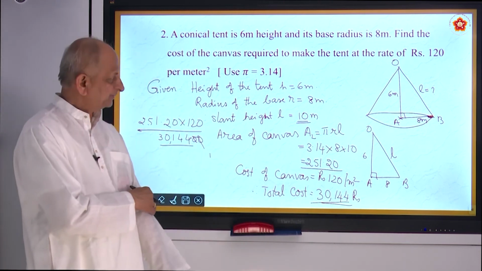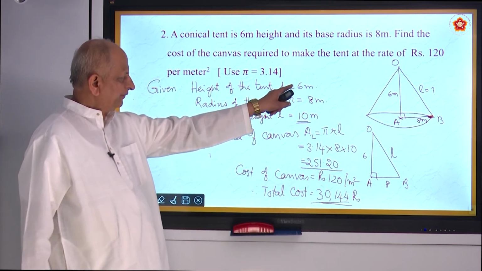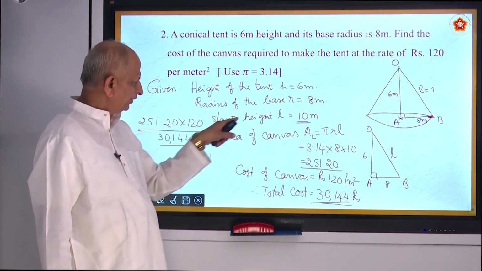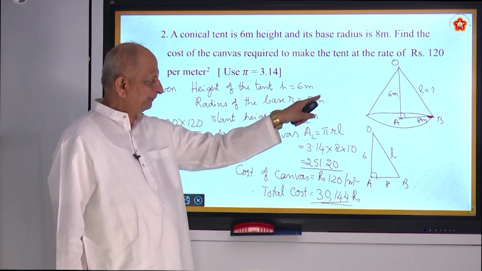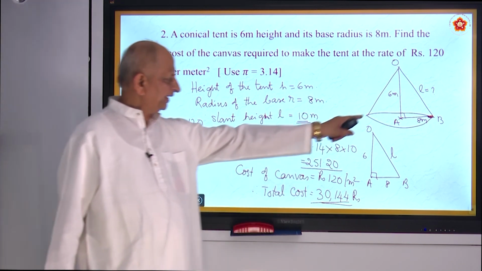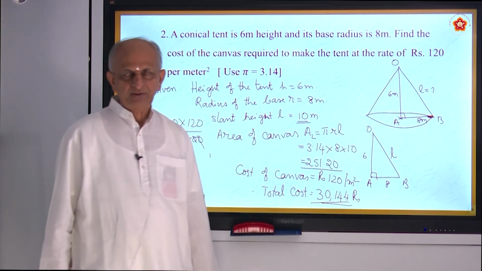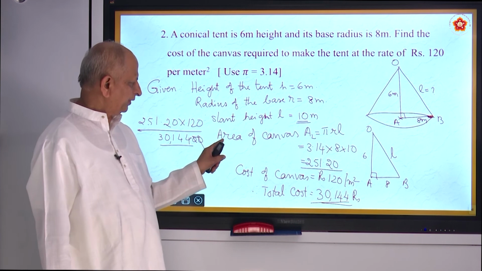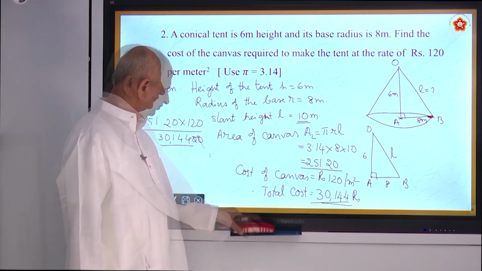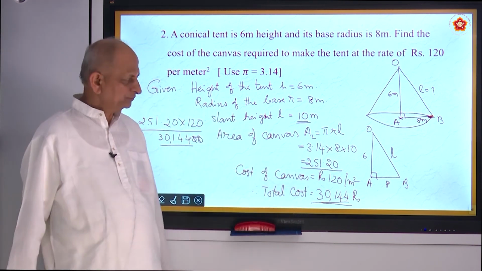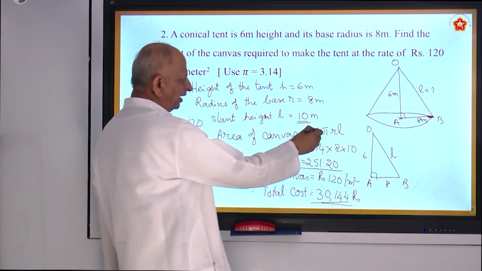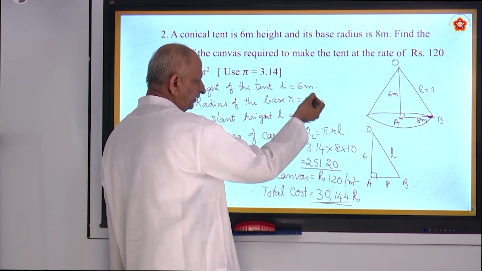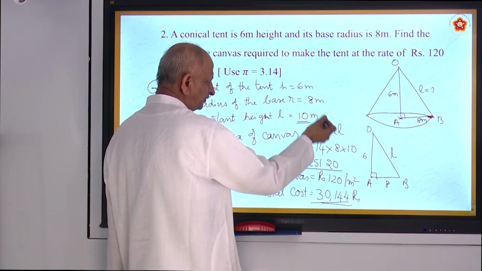So, have you understood this? Here, the vertical height of the tent was given, and the radius of the base was given. What did you find out? You found the slant height by using Pythagoras theorem. 8 square plus 6 square becomes 100, root of 100 is 10. Then we found the area of canvas because it will be like a tent. So, area is pi RL. Pi is 3.14, they have taken, and R is the radius, 8.